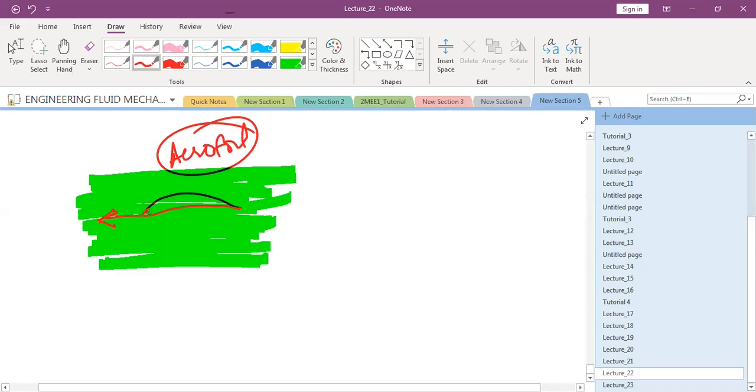There will be some kind of drag force and a little lift. There will be some kind of lift.